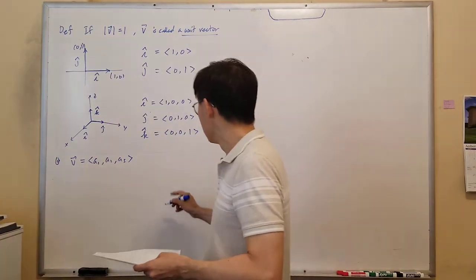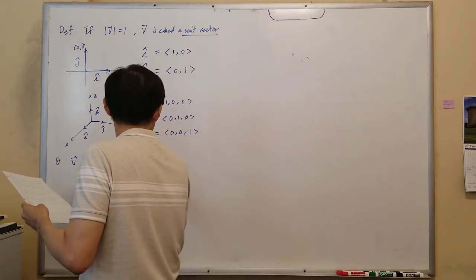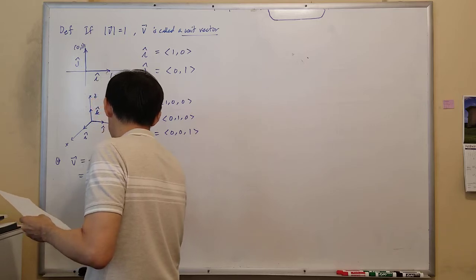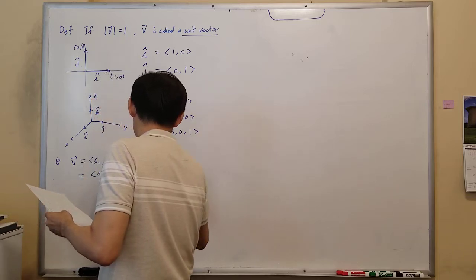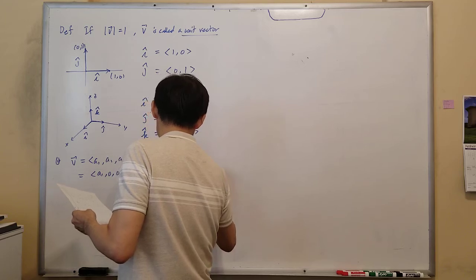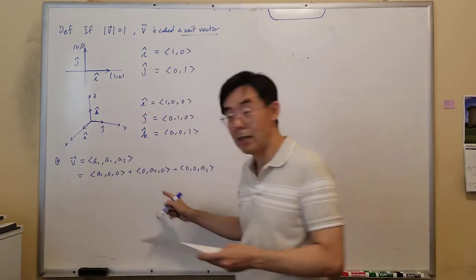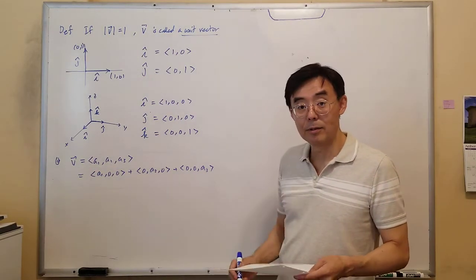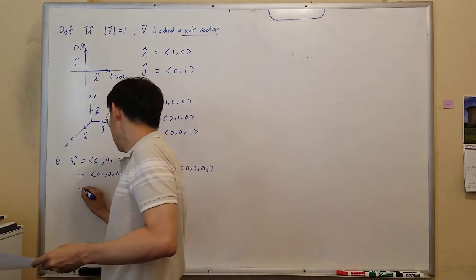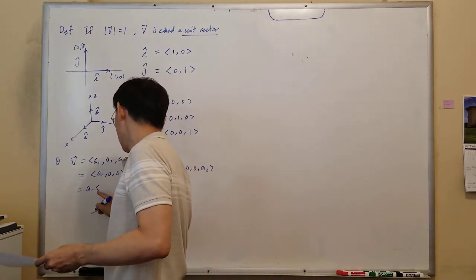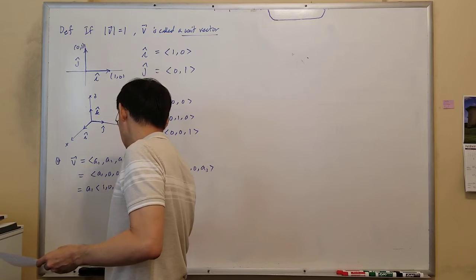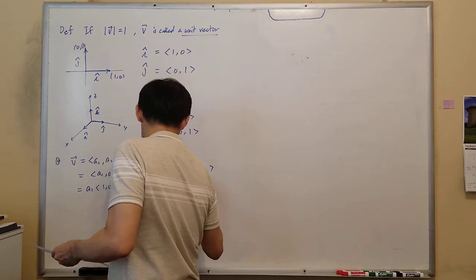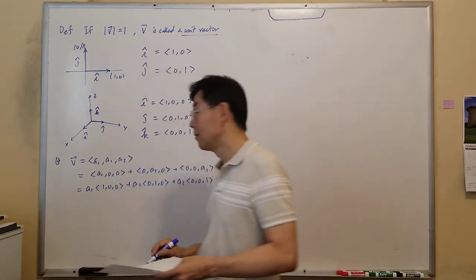You can write this as (A1, 0, 0) plus (0, A2, 0) plus (0, 0, A3). Component-wise addition will give you A1 for the x component and so on. And this is actually the same as the scalar multiple A1 times (1, 0, 0), A2 times (0, 1, 0), A3 times (0, 0, 1).